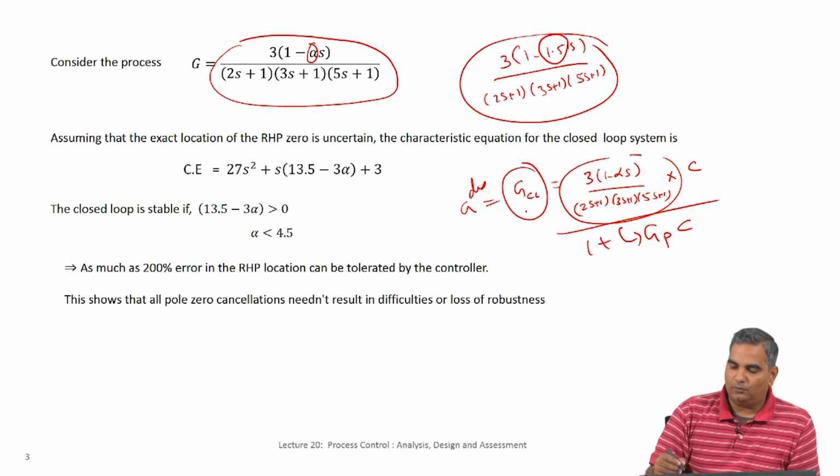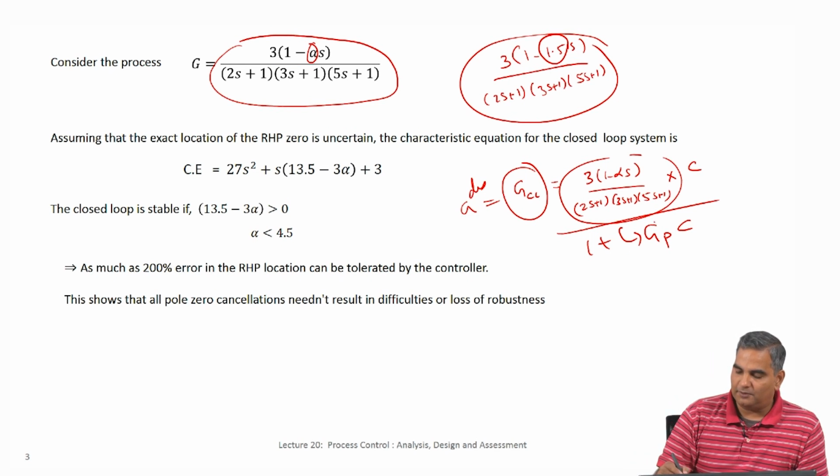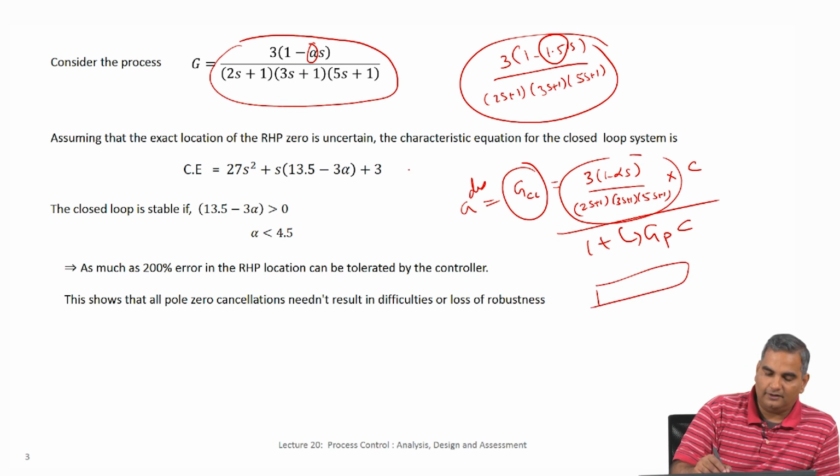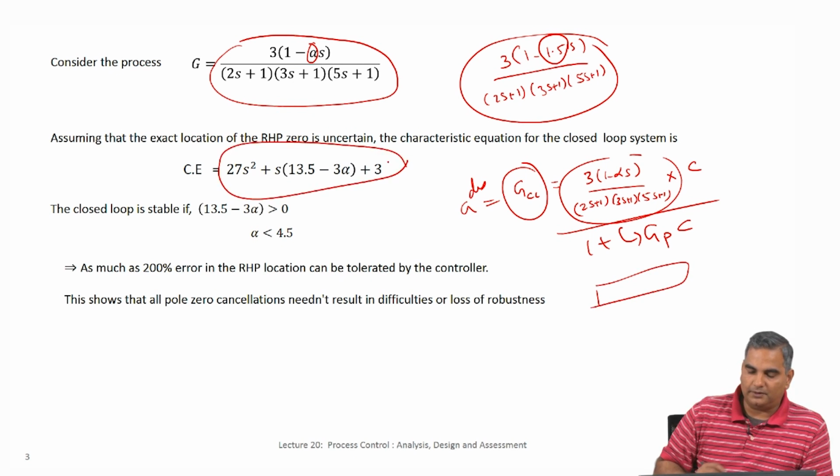So, to check that, what we should do is this GPC divided by 1 plus GPC, same thing, you do all this algebra and then you will get the denominator polynomial, and the denominator polynomial will turn out to be this.